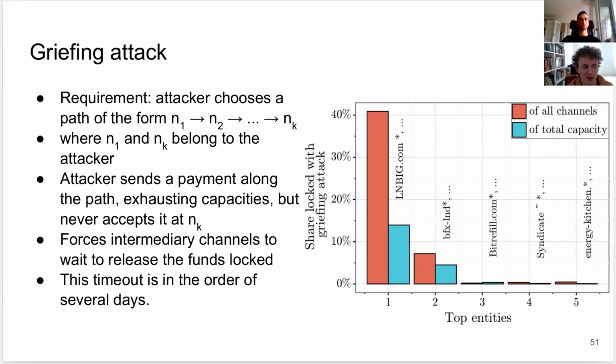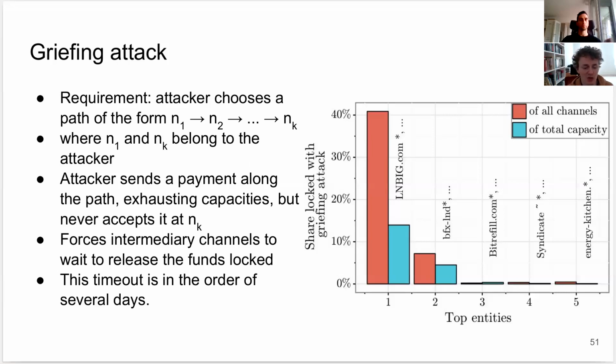Now, the idea is that along this payment path, the attacker tries to exhaust the capacities. So he's trying to send as much value as possible along that path, but never accepts it at the final node. This forces intermediary channels to wait to release the funds that are locked, and this timeout could be on the order of several days.